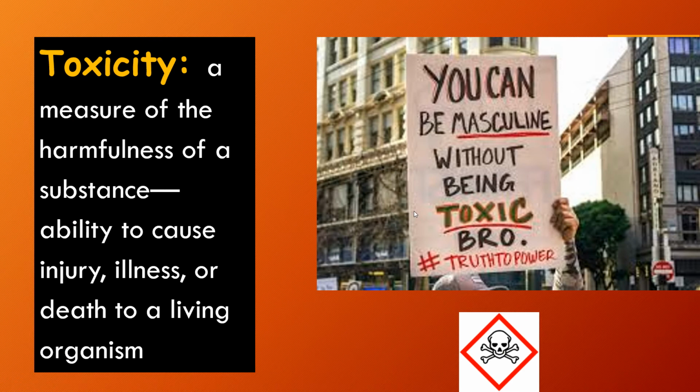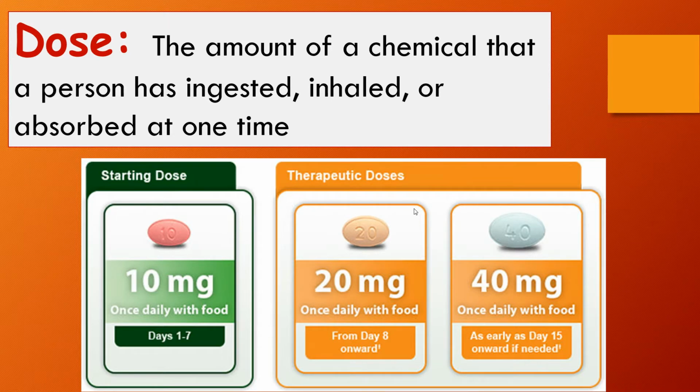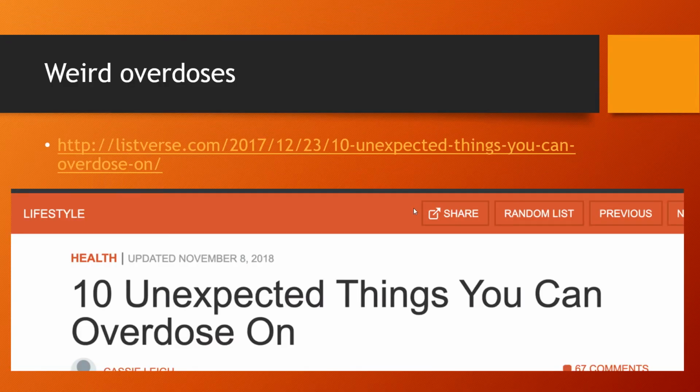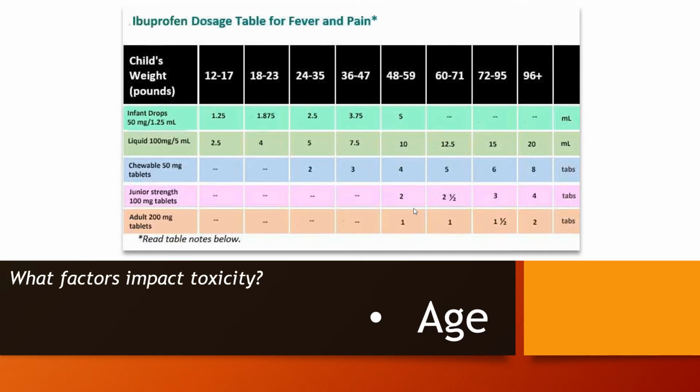Moving on to toxicity. This is a measure of the harmfulness of a substance, the ability to cause illness, injury, or death to a living organism. How toxic is something? A dose is the amount of a chemical that a person has ingested, inhaled, or absorbed at one time. Weird overdoses we're going to skip. Think of factors that affect toxicity.